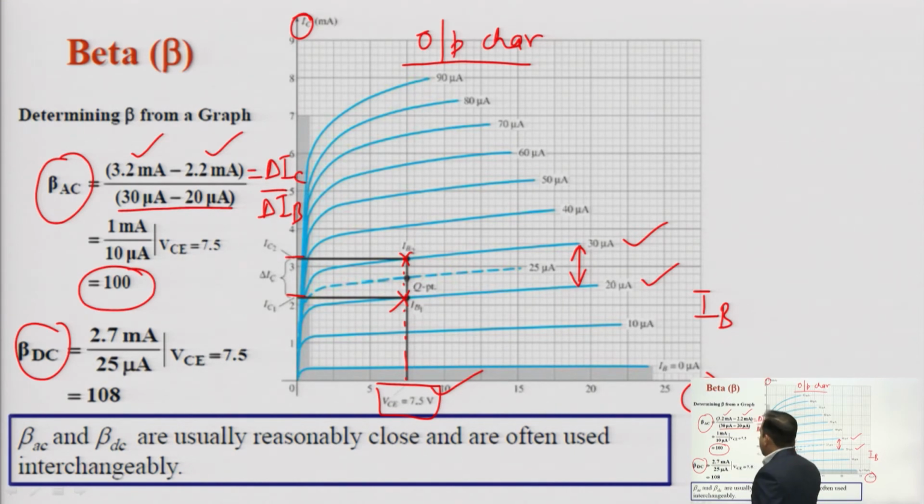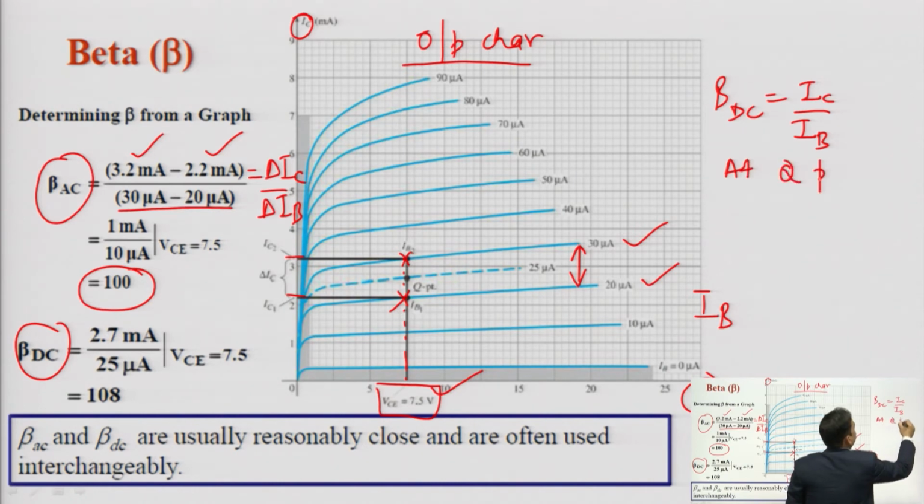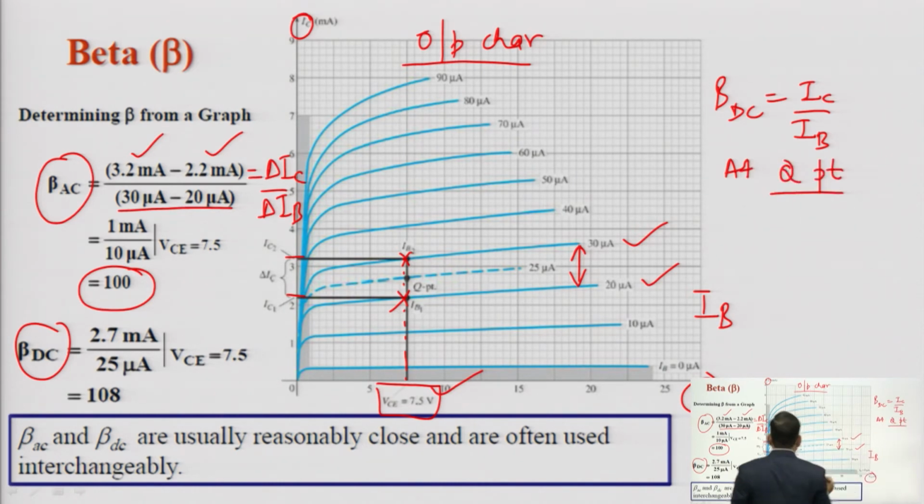Now, for DC, how can we find beta DC? This is nothing but IC by IB at a Q point, or somewhere it is referred to as the operating point also. So let us say this is the operating point.